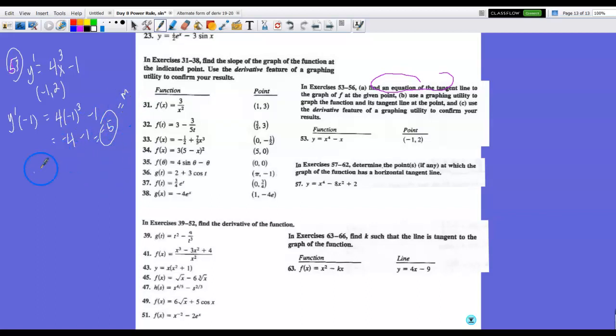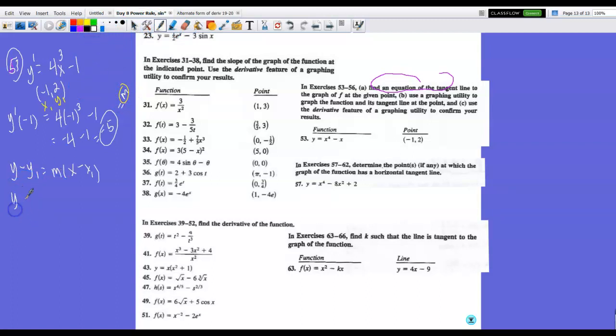Now we talked about when we write equations of lines, we're going to use point-slope form. So I'm going to write down my model. y minus y1 is equal to m times x minus x1. So back up here, this is my x1, my y1, and my slope. So all I have to do is fill in everything that I already have.